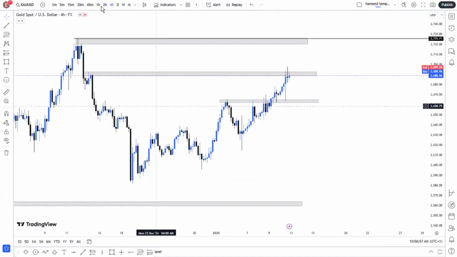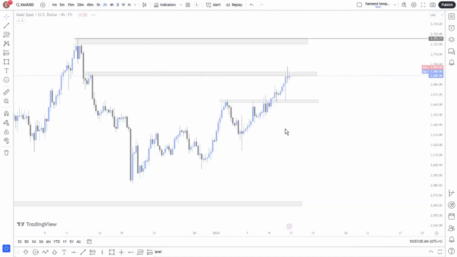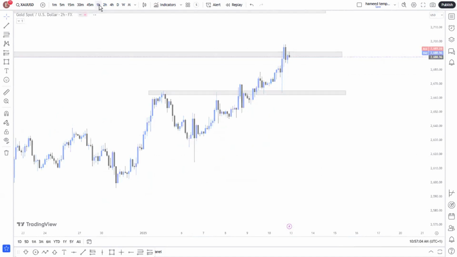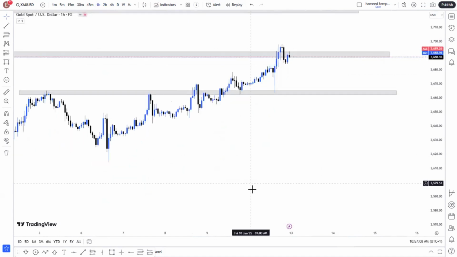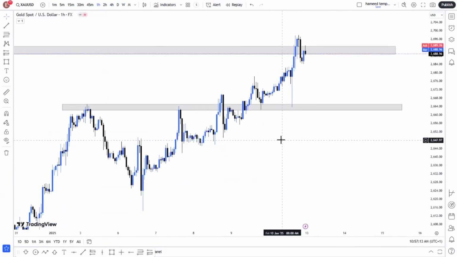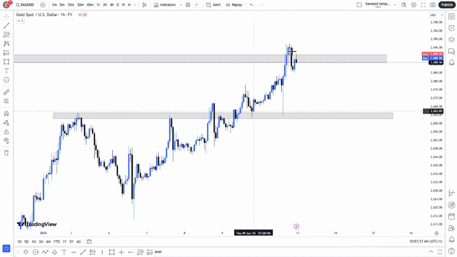So now I'm going to 2 hours. There's nothing much to see on 2 hours. Let me move to 1 hour. So on 1 hour, we're having a move to the upside. Then market is trying to kind of react on this zone here.